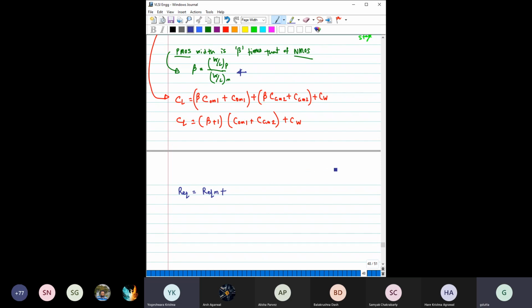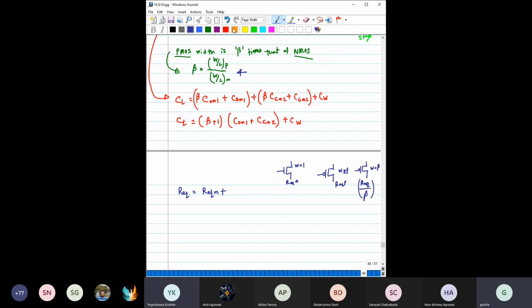Say this is NMOS and here width equal to 1, right? These resistances are R equivalent N. These resistances are R equivalent P, right? But for our case, we have considered that here width is equal to beta. Then what would be the equivalent resistance of this?